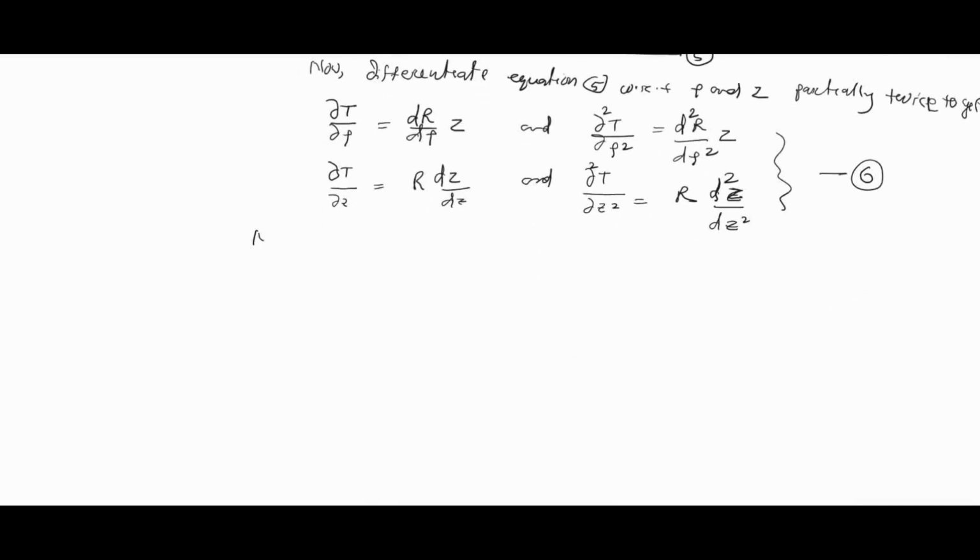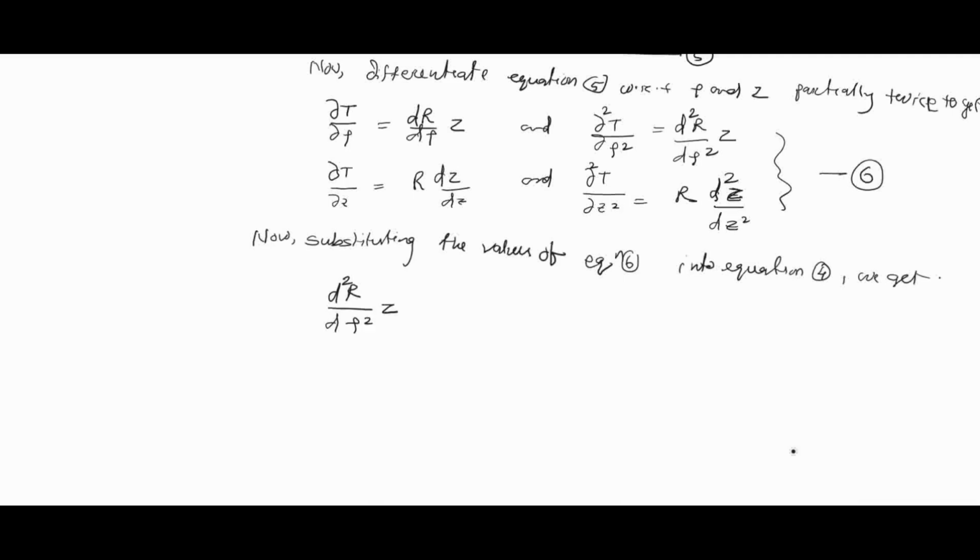What do we get? d square R by d rho square into Z, plus 1 by rho into dR by d rho into Z, plus R into d square Z by dZ square, equal to 0.